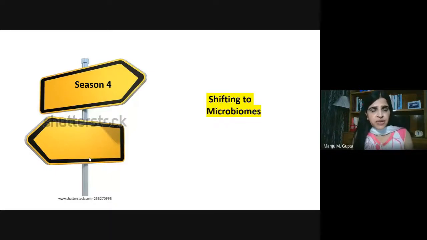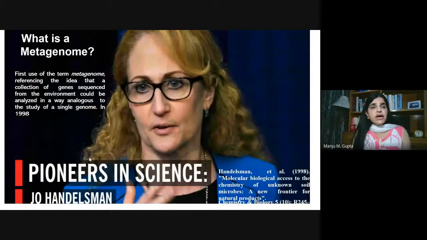So, shifting to microbiomes, the first thing, I would like to define this for the undergraduate students here. In 1998, Jo Handelsman first used the term metagenome. She said that, like the genome of an organism, we could speak of a metagenome from all the sequences isolated from one environment.